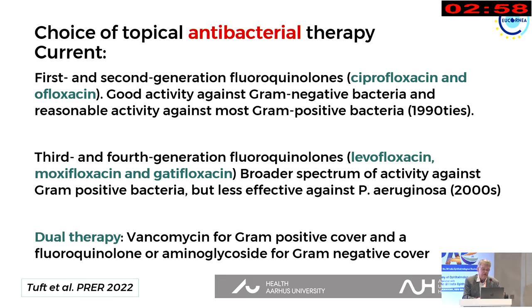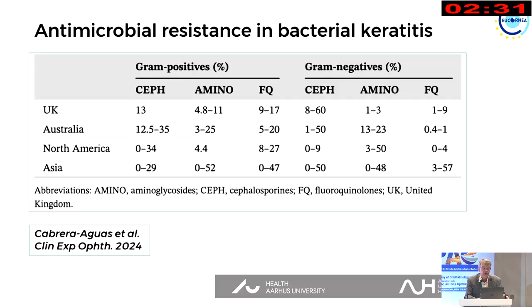Then third and fourth generation fluoroquinolones were introduced in the 2000s, with broader spectrum activity against gram-positive bacteria, but less effective against Pseudomonas. And some still use dual therapy: vancomycin drops for gram-positive, and a fluoroquinolone or aminoglycoside, for example gentamicin, for gram-negative cover.